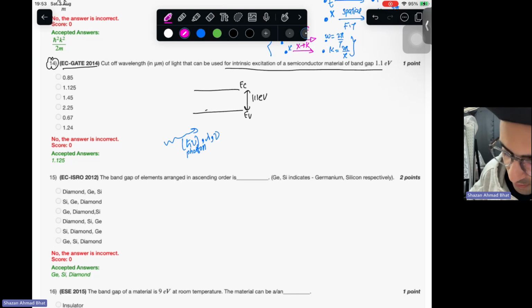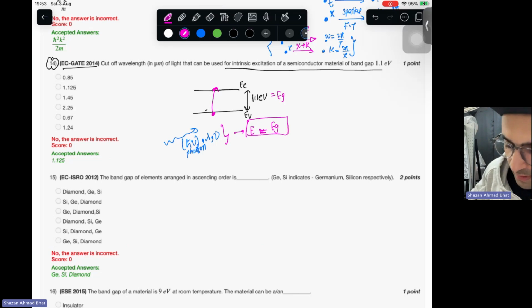You're hitting the electron, it has to go from this to this particular region. Then the energy of the photon should be at least equivalent to the energy gap. Then only it can go into the conduction band. If it's less than that, it's not possible for the electron to go. It won't even accept that photon. That is how things fundamentally work.